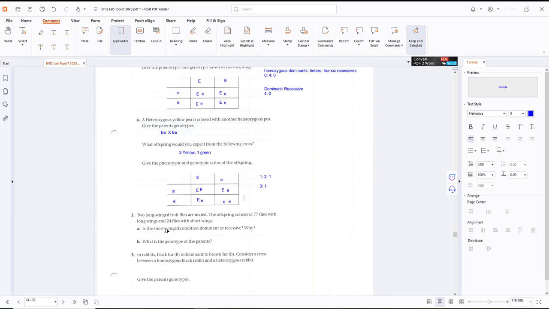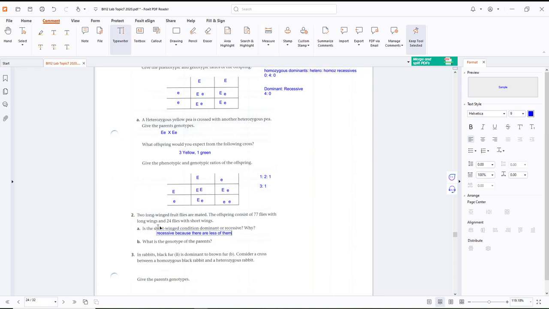Well, usually we assume that the ones that are more common are going to be the dominant, right? Okay, so that would mean that the short wing condition would be recessive because there are less of them. Okay. What is the genotype of the parents?